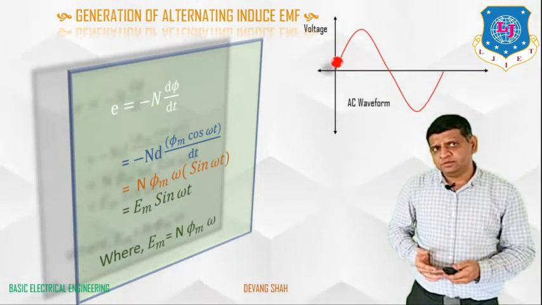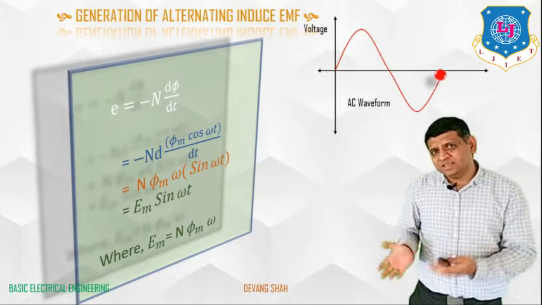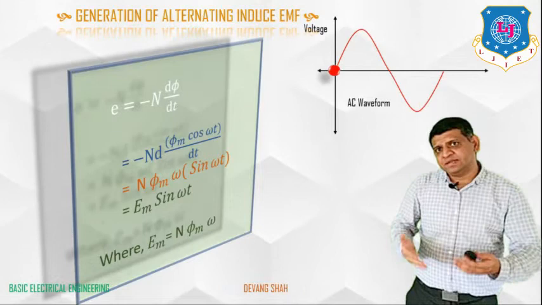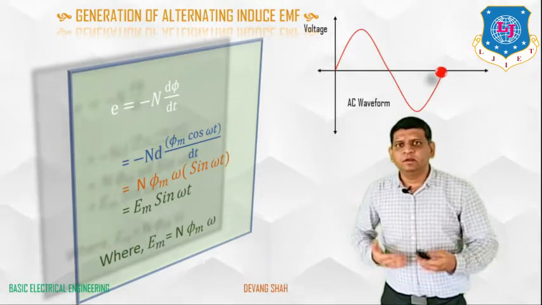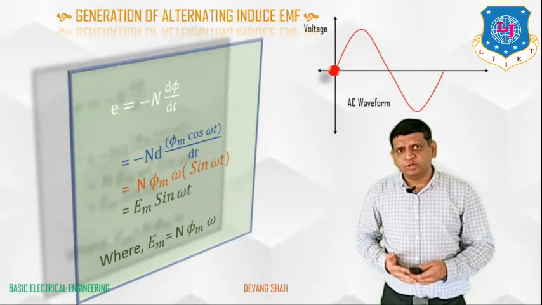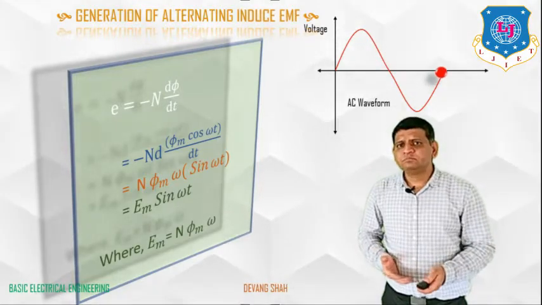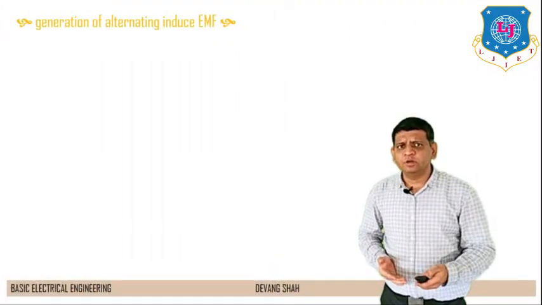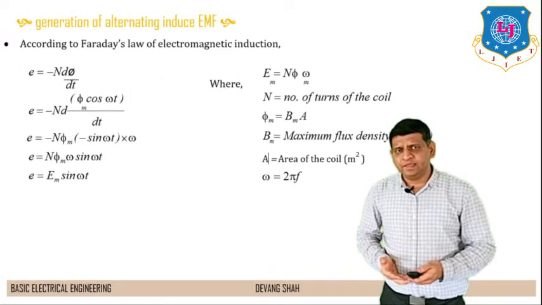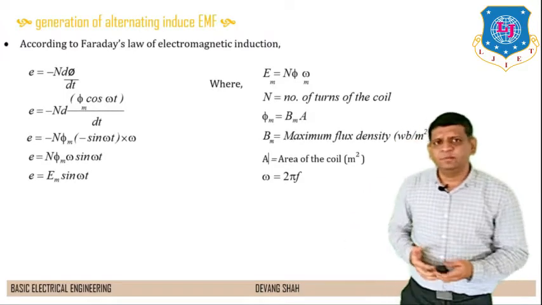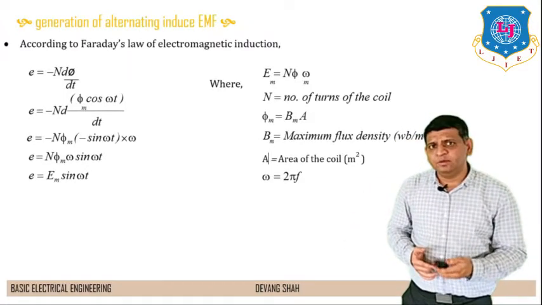So here in the equation E is equal to Em sin omega t, sin itself represents the alternating condition, right. So once you are taking the different angular positions of omega t, here again we repeat this portion where E is equal to minus n into d phi by dt.